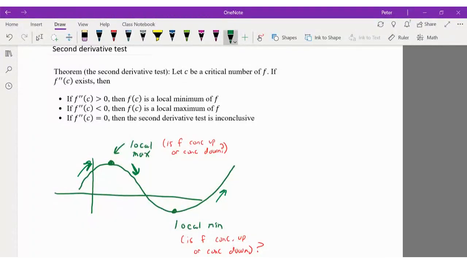If we have the opposite situation, then it's a min. What the second derivative test does instead, by looking at the second derivative, is tell us whether the function is concave up or concave down.